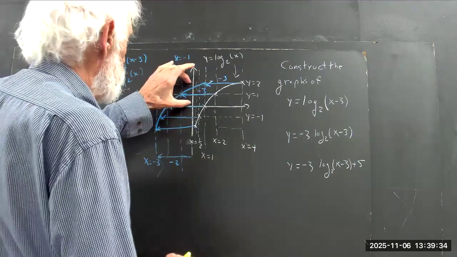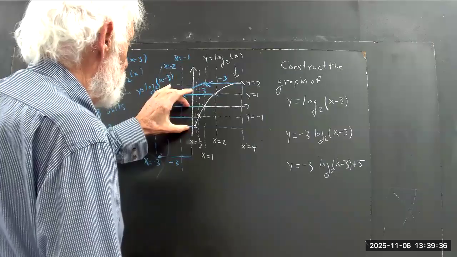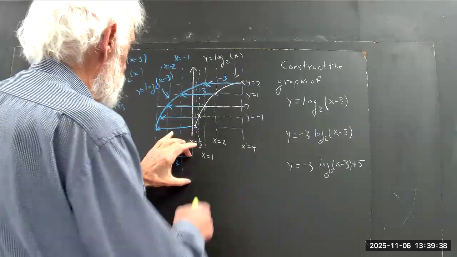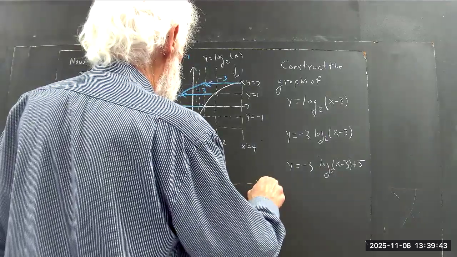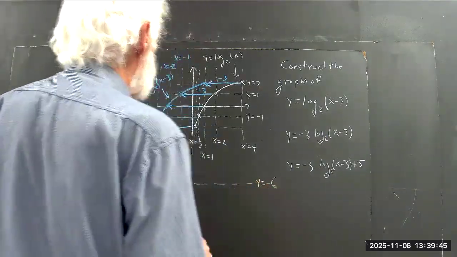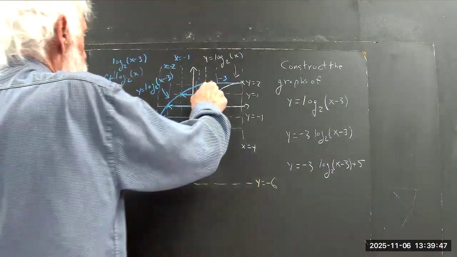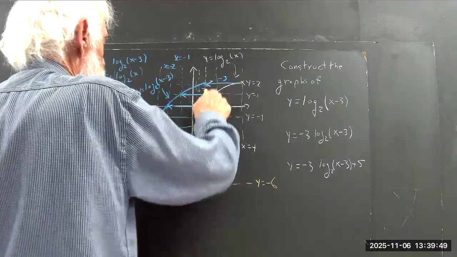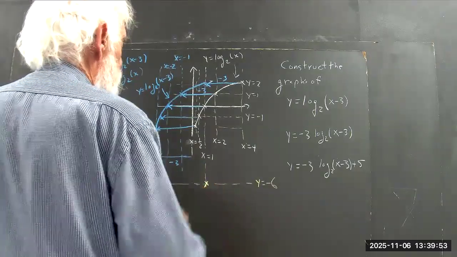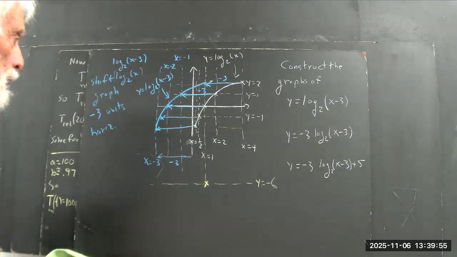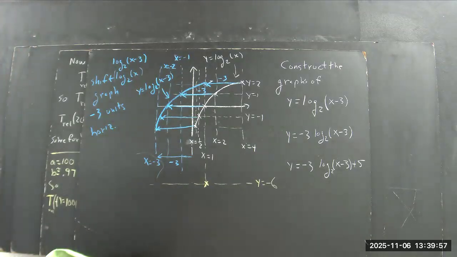So let's see, if that's 2, then here would be -2, that's about right, -4, -6. So this point comes all the way down here to y equals -6. Okay.